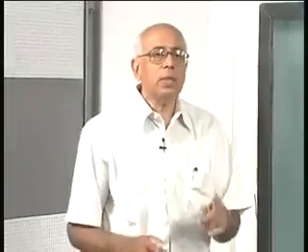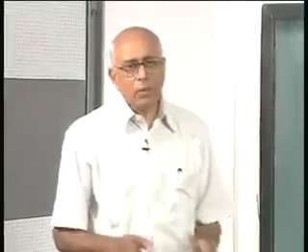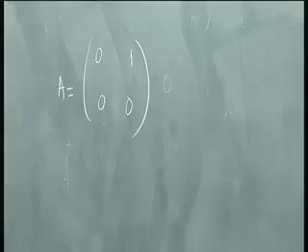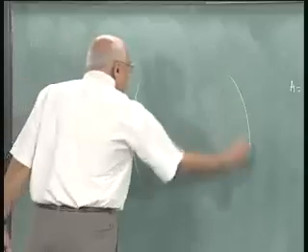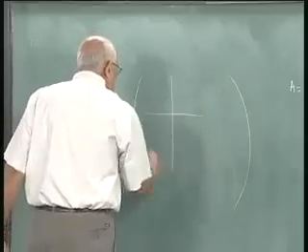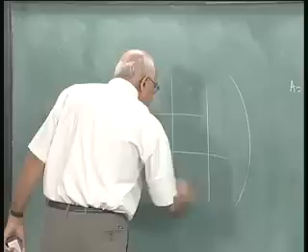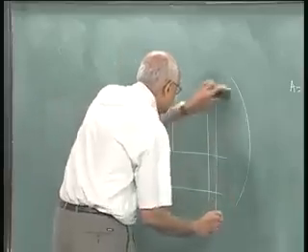So the best you can do to any arbitrary matrix is not necessarily diagonalize it, but put it in what is called the Jordan normal form. So what you can do is to take this huge matrix and put it in blocks of different dimensionalities.